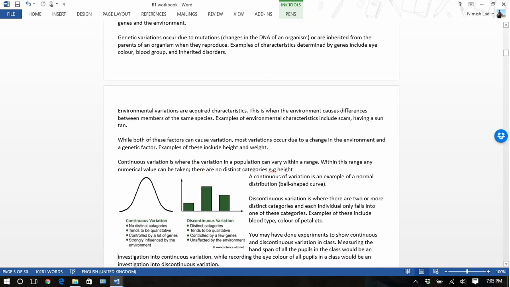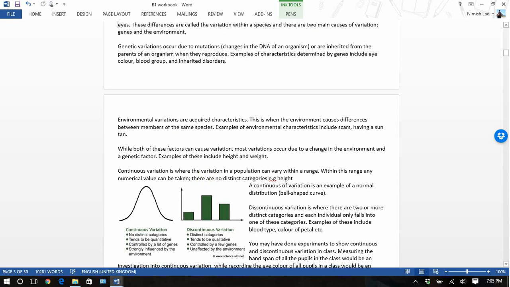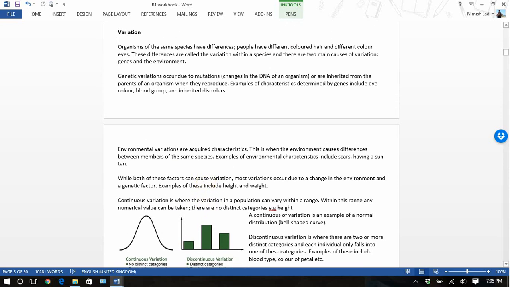So let's get on to variation. Variation is where organisms in the same species have a few differences. Different colour hair, eye colour, skin colour. And there's two main causes for variation. So we've got the genes, that's genetic variation, or the environmental variation. Genetics are due to mutations. Okay, so it's not necessarily anything we've inherited, but also it can be something we've inherited from the parents.